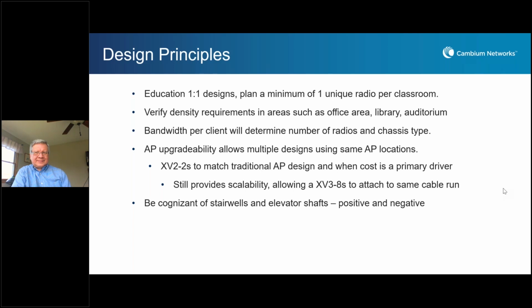If you have an AP that's shooting out energy and a bathroom or a series of bathrooms is blocking the energy from the other side of the building, well, guess what? That gives you the opportunity to put another AP on the other side of the building. And if you had to, you can probably use the same channel or maybe nearby channels. So these attenuators can also be a positive thing. They don't always have to be negative.